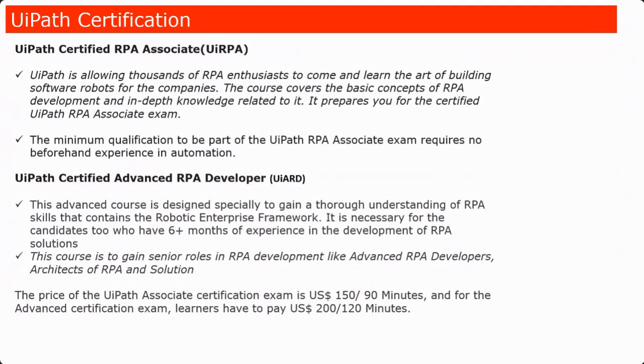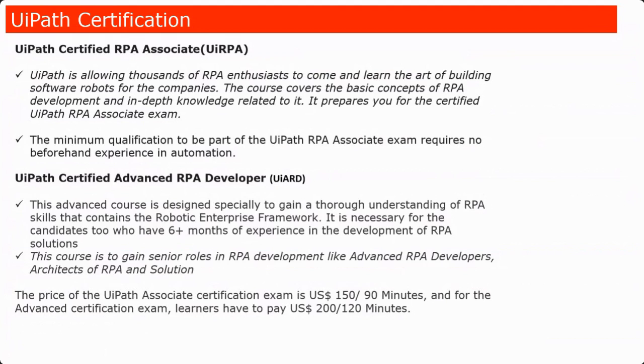Previously, all these certifications were free. Now UiPath has come up with a pricing model, and Pearson is the body responsible for managing the certification examinations, right? The price of the UiPath Associate Certificate exam is 150 US dollars for 90 minutes. And for the advanced certification, you have to pay approximately 200 USD and the examination duration would be 120 minutes.